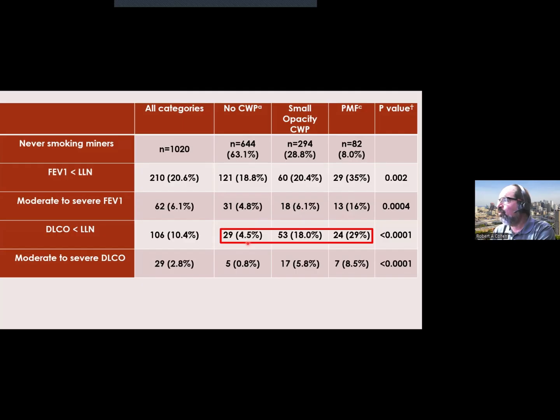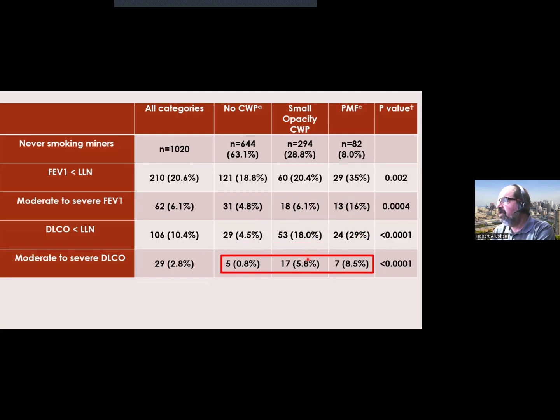Diffusion impairment was a more dramatic change again compared to the smaller changes that we saw with FEV1s, where just a little less than 5% of people had abnormal diffusion with normal X-rays, and then more than triple that when they had small opacity disease, and then a higher percentage when they had progressive massive fibrosis.